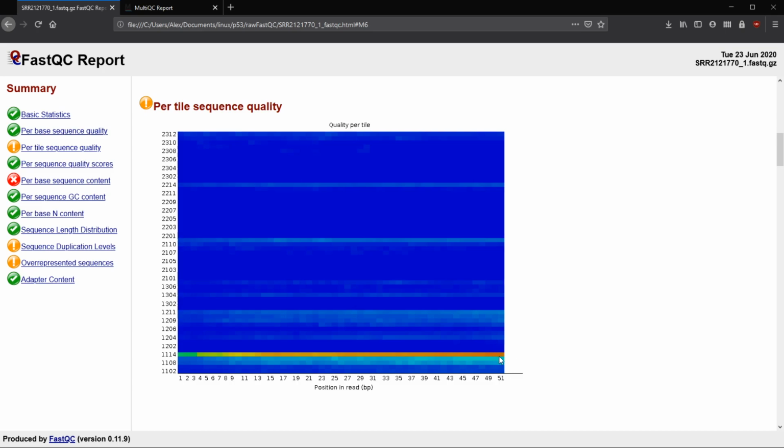So like we said here, the quality for base call 51, the last one of 1114, was more poor than good. And so the more red, the worse that quality was compared to the average of that column. So the average of all of these, the worse, the more red.